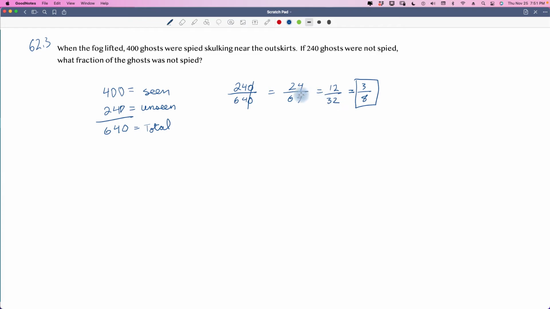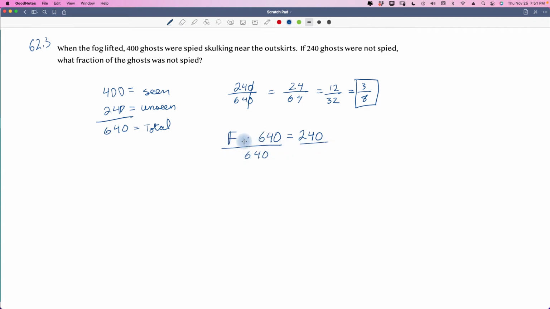That would work. But another way to do that would be to say, okay, what is the fraction times this total that equals 240? This is using our formula. The fraction times some number equals another number. Right? So doing it this way, what we end up with is two factors here that we have to divide.